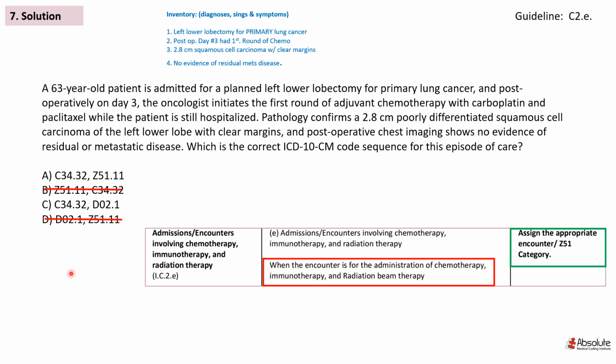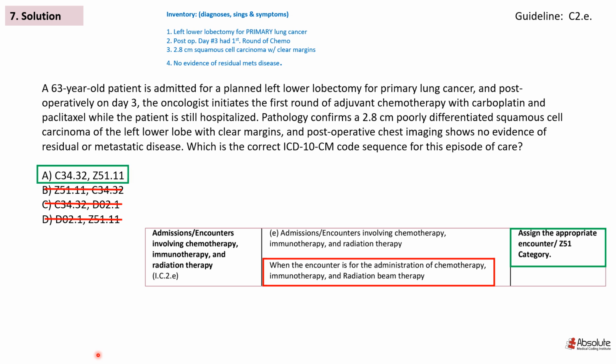It's not going to be a D code because this is typically the codes for blood or diseases of the blood, and then neoplasms in situ or benign neoplasms and stuff like that are categorized in the D code. So I just know it's not going to be relevant to our case. And with that being said, I can also eliminate C because it also has that D code in there. It doesn't even mention our chemo. So that leaves us with A, which is C34.32, Z51.11.